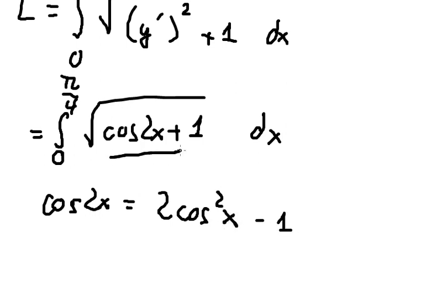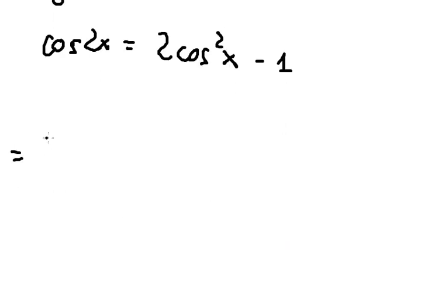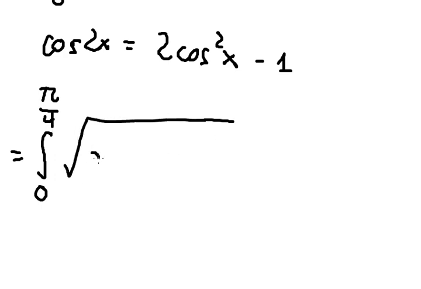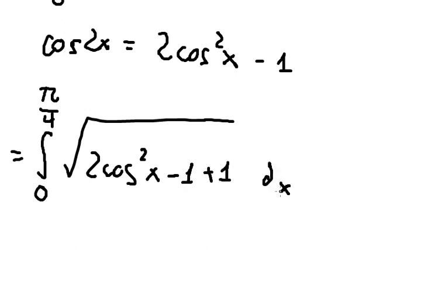Now we need to change cosine 2s into this one. So 1 minus 1 we cancel.